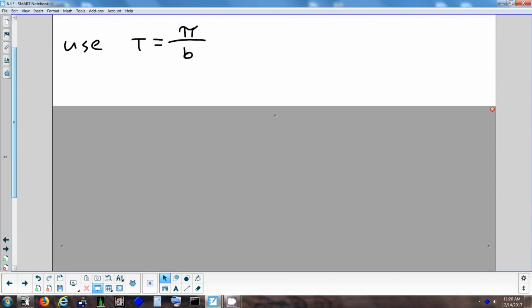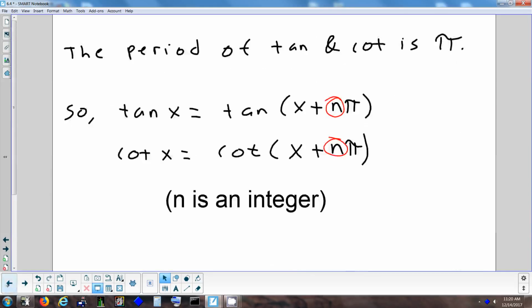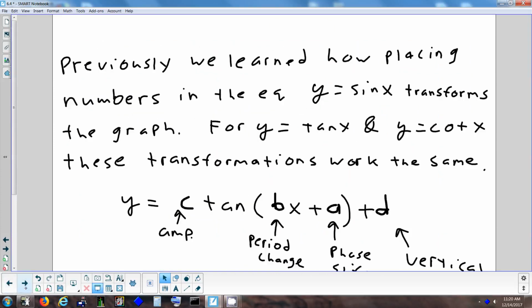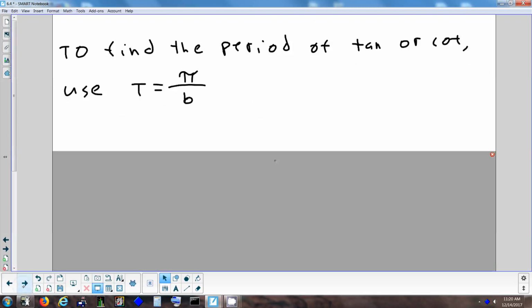Now, another thing that they will probably ask you when you graph tangent and cotangent is, where are the dotted lines? Where are the vertical asymptotes? I didn't ask that question with sine and cosine because there weren't any. But now there are. So I'm going to tell you how to figure out where the asymptotes are.